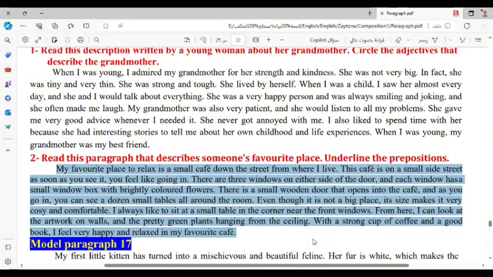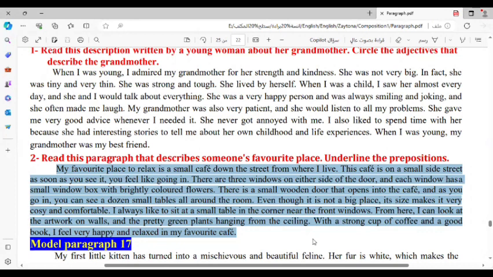Yes, Ru'a, go ahead. My favorite place to relax is a small cafe down the street from where I live. This cafe is on a small side street. As soon as you see it, you feel like going in. There are 3 windows on either side of the door, and each window has a small window box with brightly colored flowers.